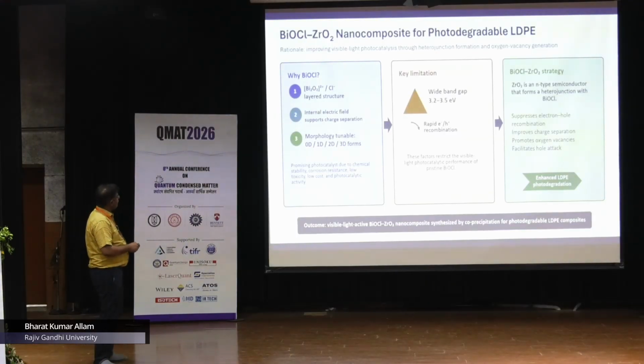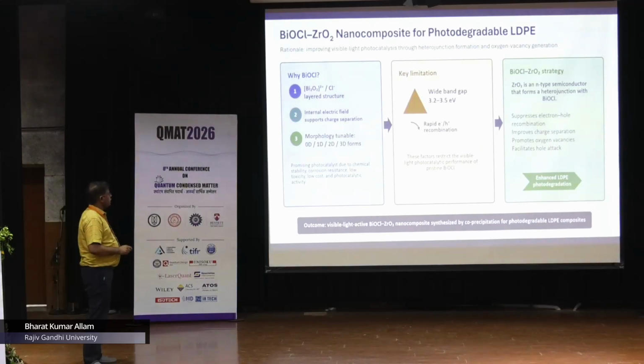So, the key challenges involved in this study: we have used a bismuth oxychloride zirconium oxide nanocomposite. Bismuth oxychloride offers a number of advantages. The first advantage is that it is a layered structure material, and it has an internal electric field that supports charge separation, and you can also tune the morphology of bismuth oxychloride.